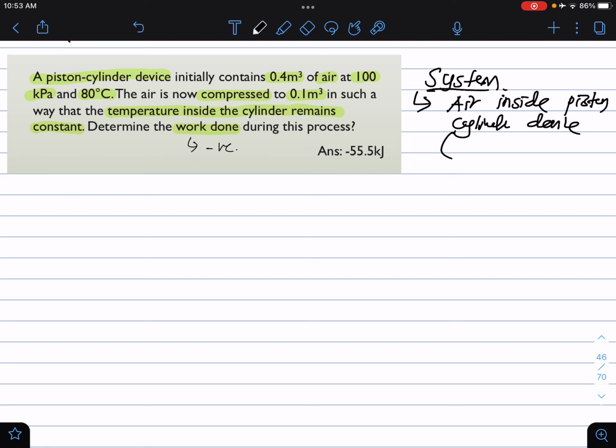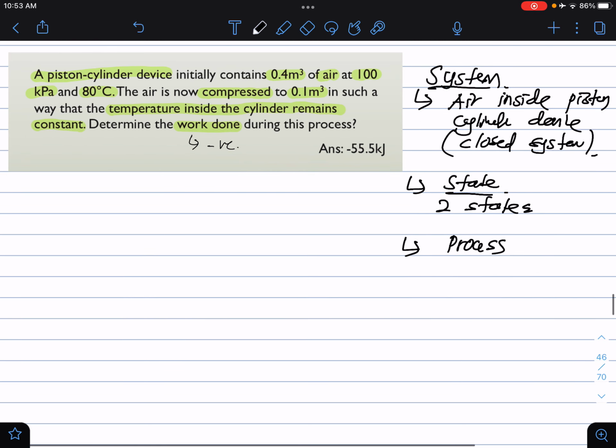So this is a closed system since no mass crosses the boundary. And then what are the states? As I mentioned earlier, we will have two states because the volume is stated to change, which is volume.